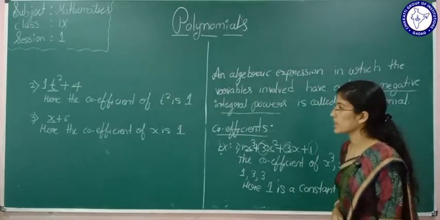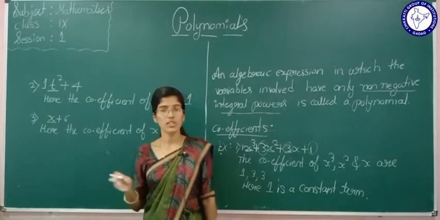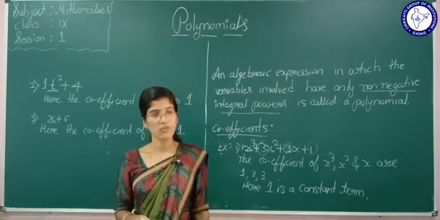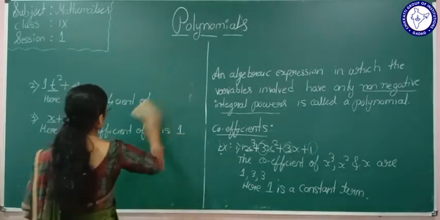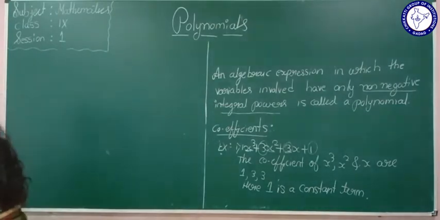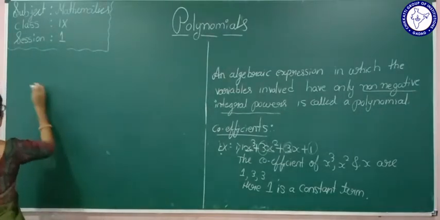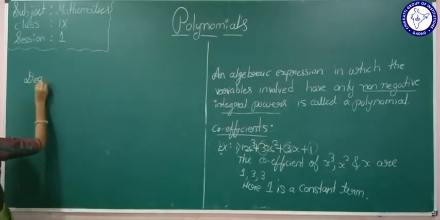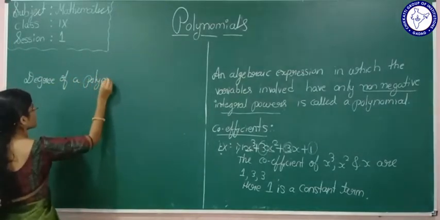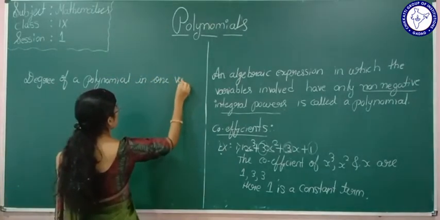So now we will see classification of polynomials. Before going to classification of polynomials, one more definition we will see, that is the degree of a polynomial. The next definition is degree of a polynomial in one variable.